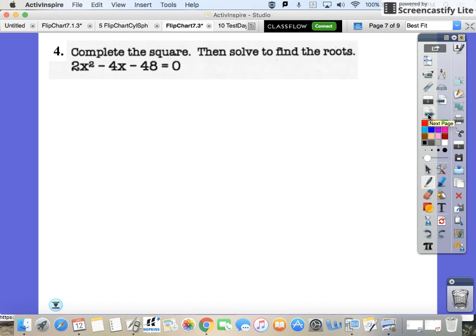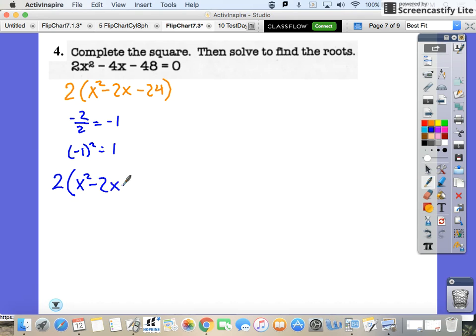All right, and then this one also has a different coefficient. So we're going to pull out a 2, and we get x squared minus 2x minus 24. And then we're going to take negative 2 cut in half, which is negative 1. Square that is 1. So for this one, we're going to go 2 times x squared minus 2x.